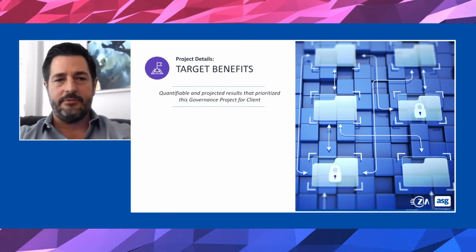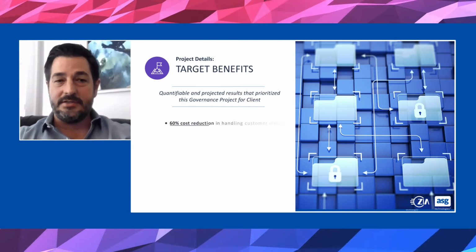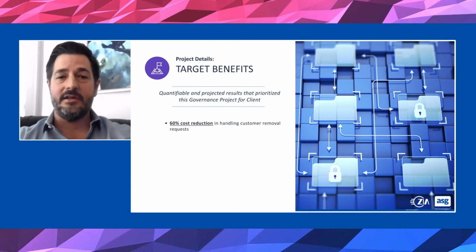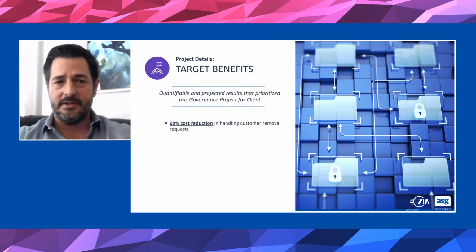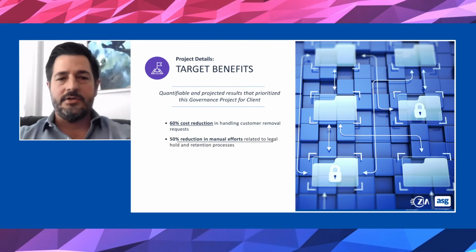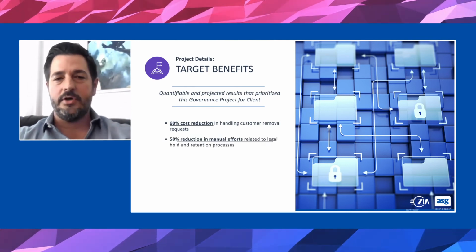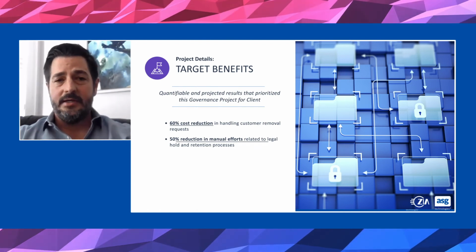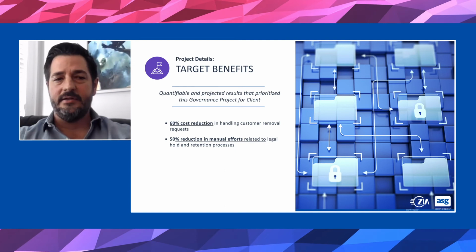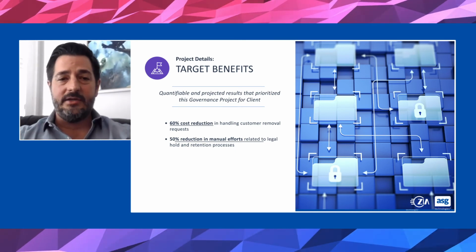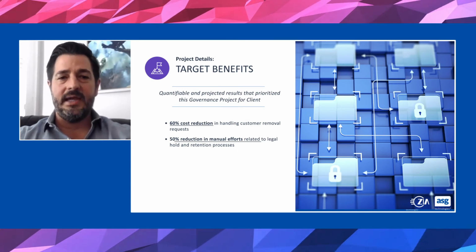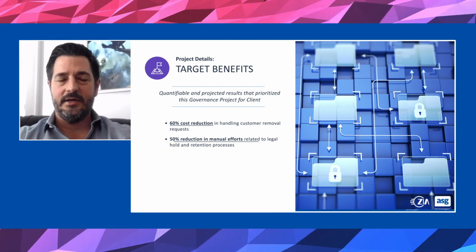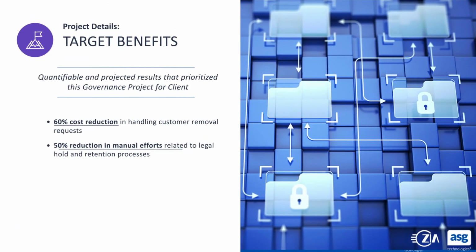In summary, as we look at some of the target benefits, we've identified and projected a 60% cost reduction in the handling of customer removal requests that come into these organizations. We're also looking at a 50% reduction in the current manual efforts around legal holds and retention processes. For many, the legal hold process was manual effort that required maintaining and keeping track of documents on shared drives.